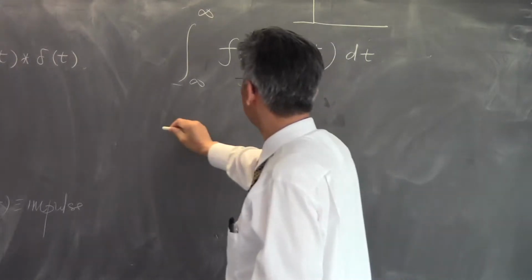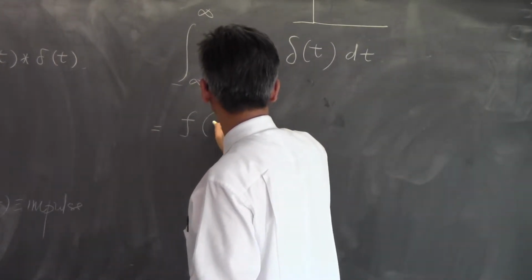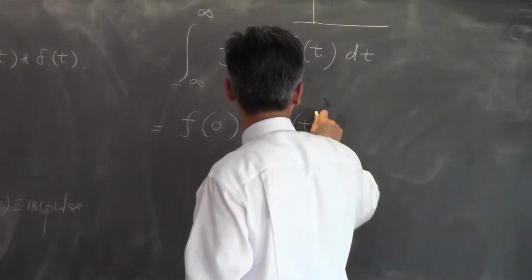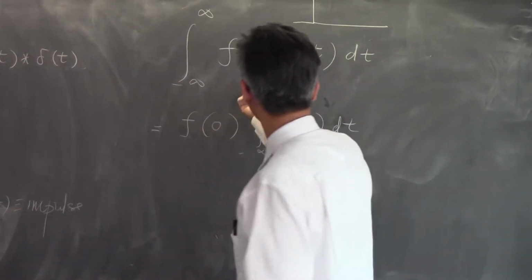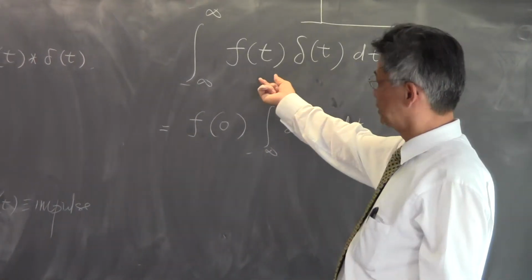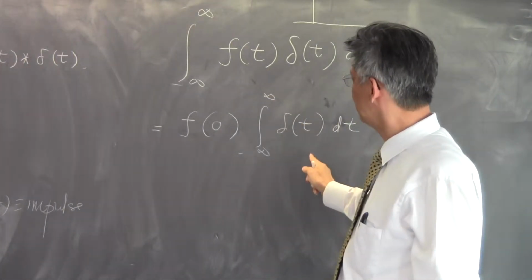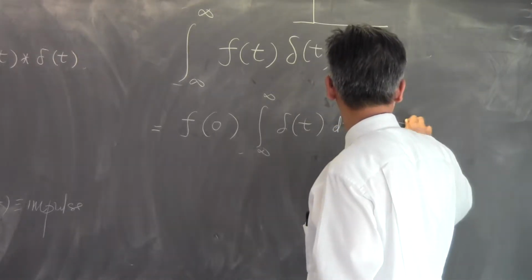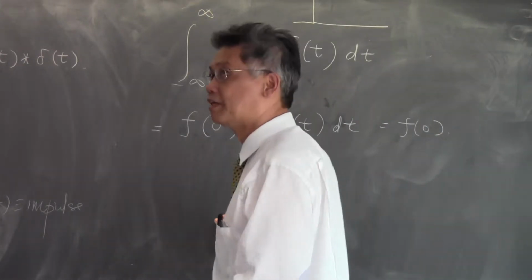And you can approximate this to a very good approximation as the value of this function at 0 times the integration of this impulse. You can think of it as a limiting case of this. It becomes so narrow that all the other points are not important except for the point where t is equal to 0. But what is the area under this impulse? 1. Okay, so this is f of 0. Okay, there's one property you know about impulse functions.